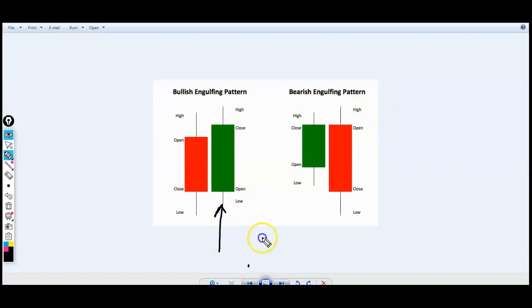So assuming price has been moving up and it gets to this top, it gives this bullish bar. Then on the next candle, it gives this bearish engulfing bar.